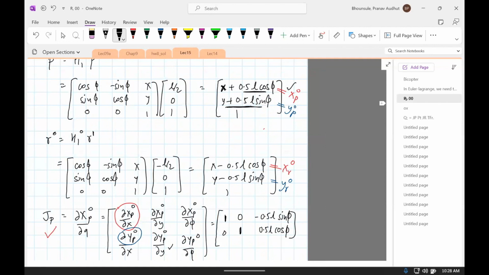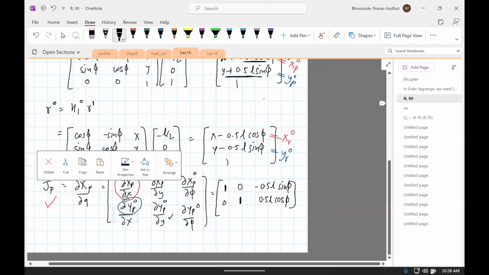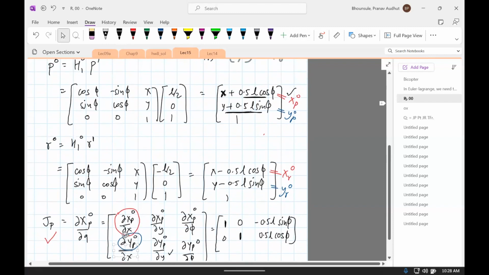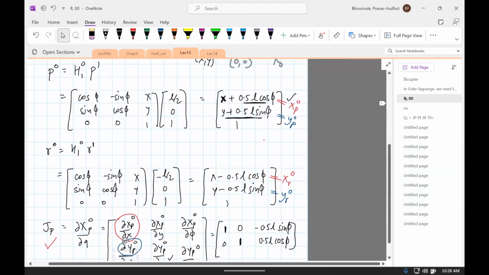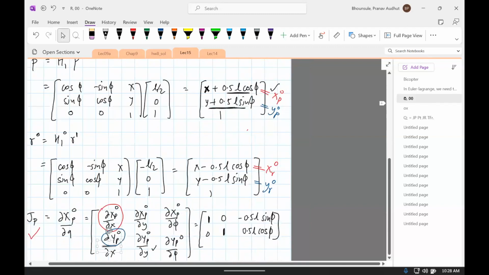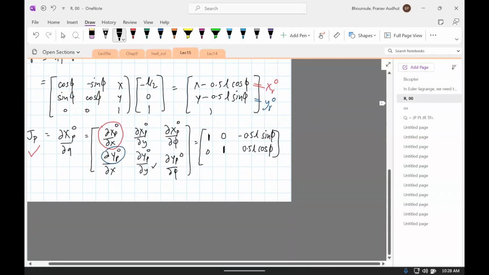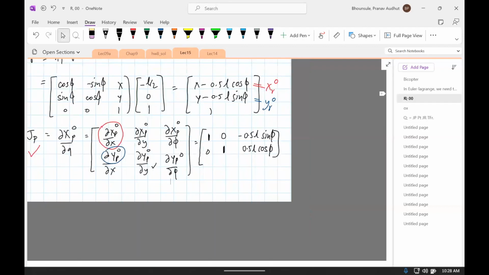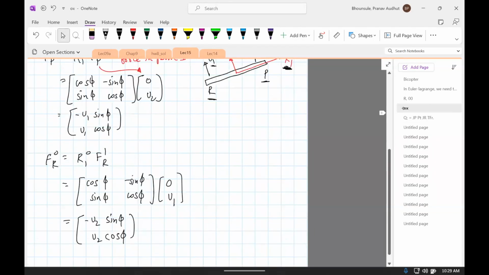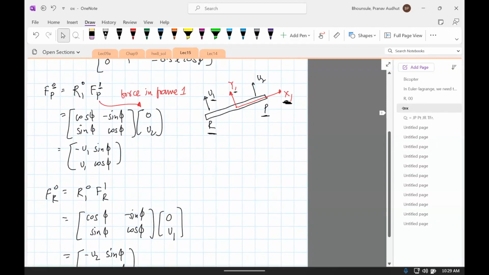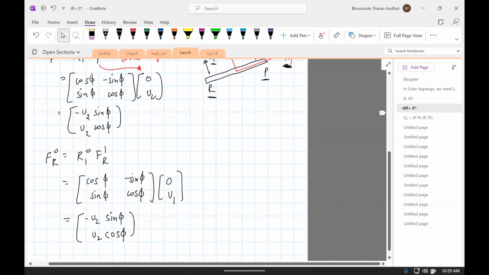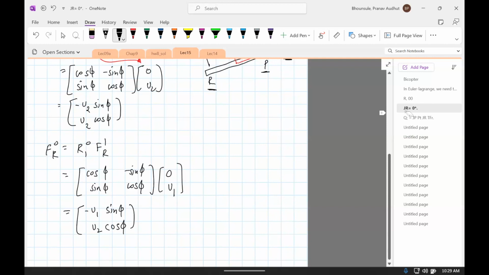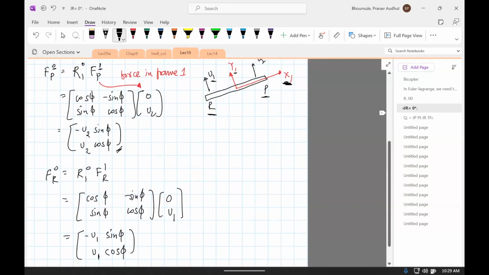I need to check this. One, zero, minus 0.5. And then the force was, oh, my bad, this should be 2, this should be 1. So I need to put this force there.